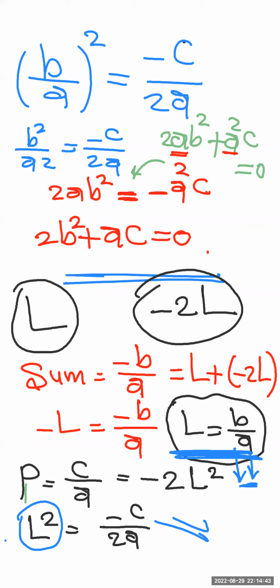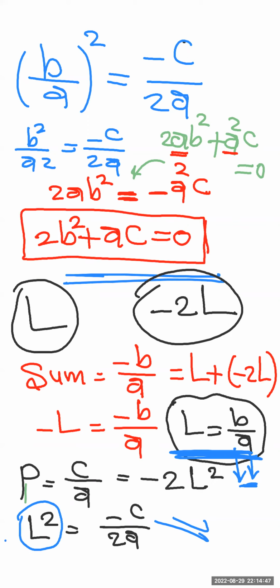So this is the required condition. Any questions, guys? No questions at all? Okay. So actually, that was all the questions in this lesson. Hopefully, all of you understood each point. Thank you for your time.